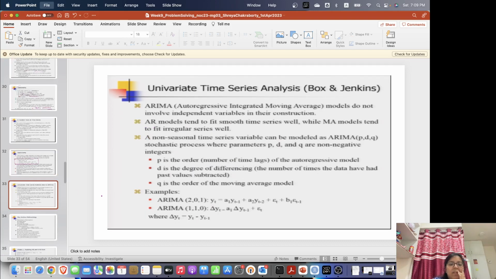And then we also talked about fitting the autoregressive models, and when we have non-stationarity in the data, the first step is to do some transformation or some order differencing and get a stationary time series, and then evaluate based on the ACF and the PACF graphs what will be the order of this p, d, q.